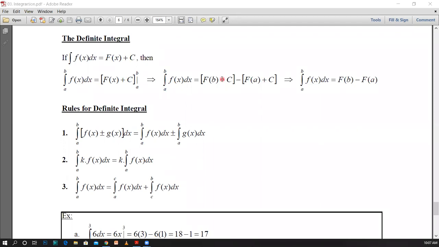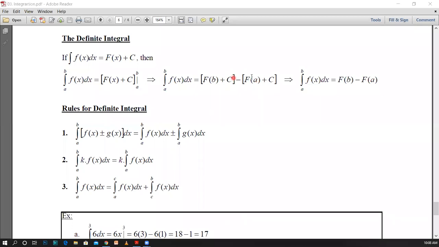Once you substitute the upper limit, you will get this quantity as capital F(b) plus C. Since C is a constant, it will not make any change here. Only the function value will change once we substitute the value b in F(x). Then we substitute the lower limit, setting x as a, since a is the lower limit.